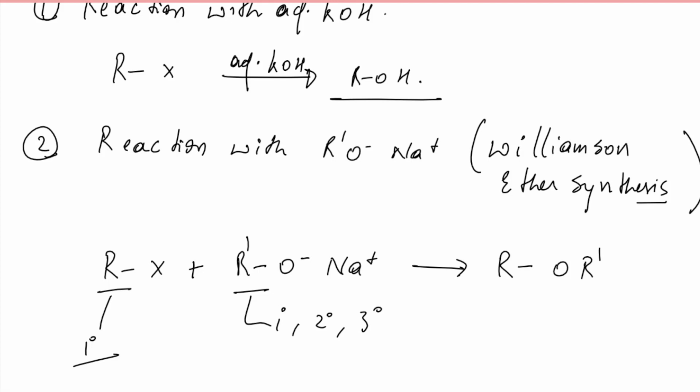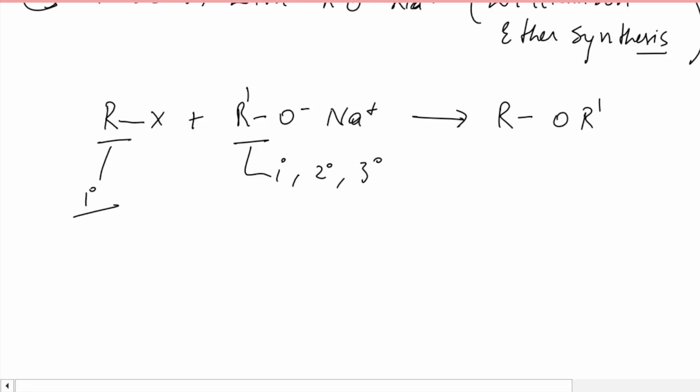It means this X halogen group must not be directly attached to the benzene ring, or this bond must not have partial double bond character. This single bond must not have a partial double bond character. So R cannot be a vinylic group or simply a benzene ring, phenyl group.